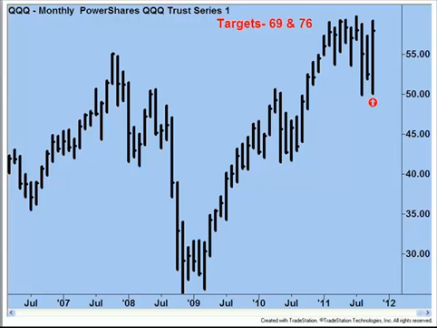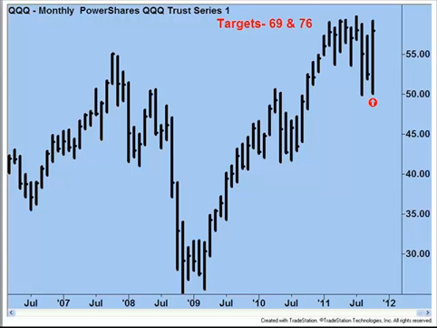The QQQ was actually the first chart we reviewed on the November 2011 YouTube video. At the time I said, we're going to start by taking a look at the QQQ, or the NASDAQ 100 ETF. We're starting with the QQQ because right now it appears to be the strongest of the major indices.